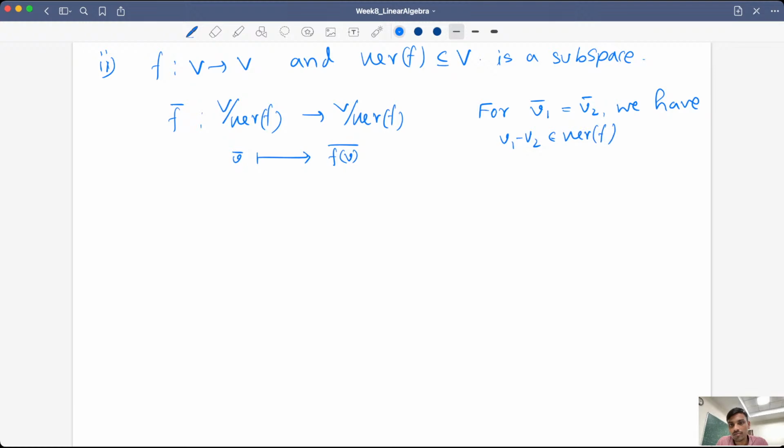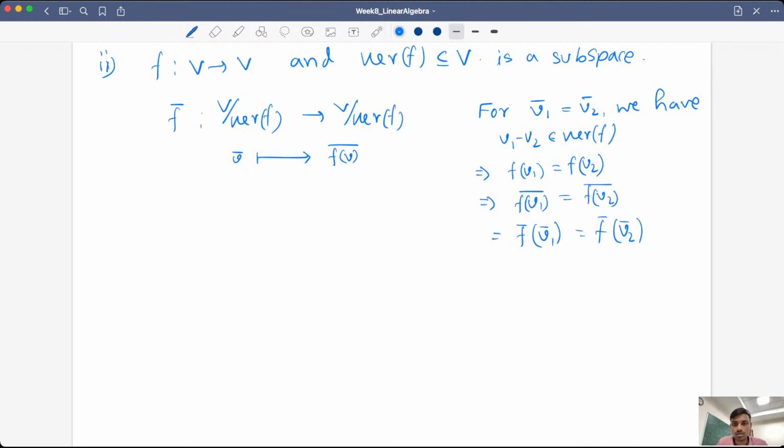But this belongs to kernel f means f of v1 minus v2 equal to 0, so that means f of v1 equal to f of v2. But once f of v1 equal to f of v2, then clearly that will imply that f v1 bar equal to f v2 bar, and f v1 bar, f v2 bar, what are they? They are just f bar of v1 bar, right? And this is f bar of v2 bar, right? So this is by definition.